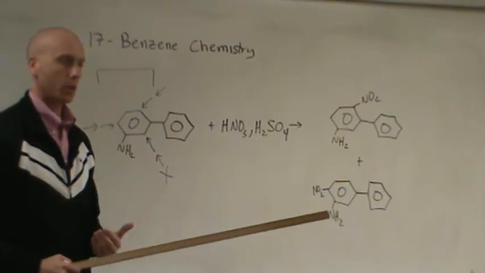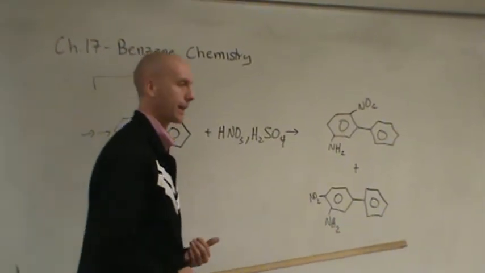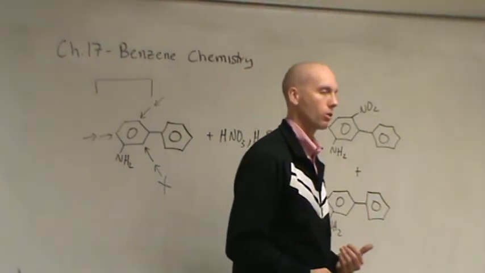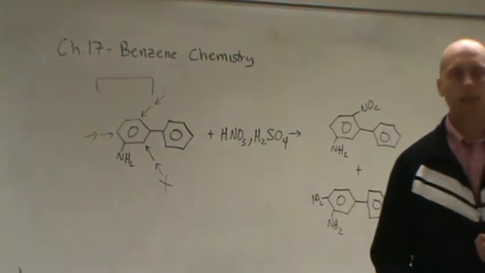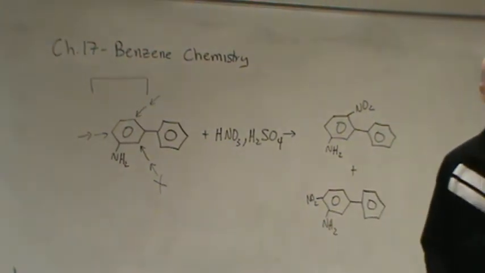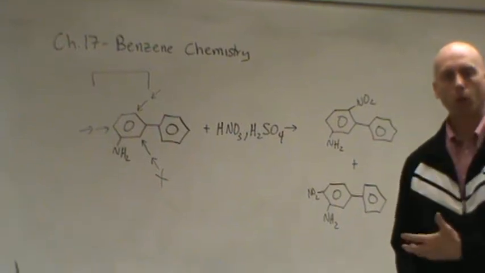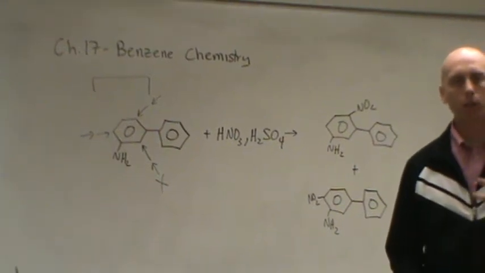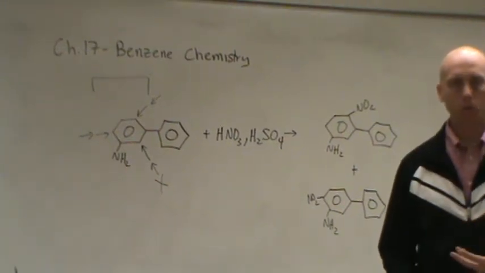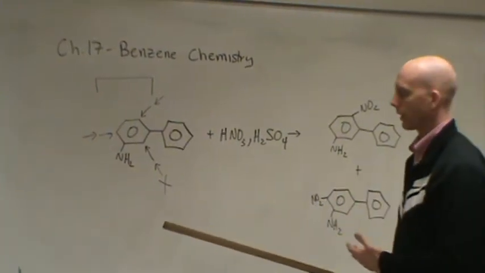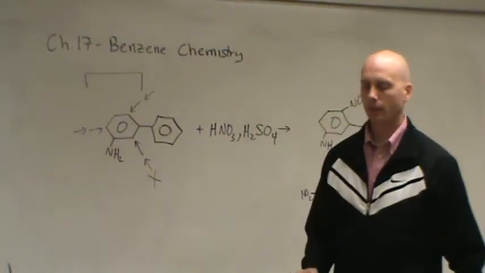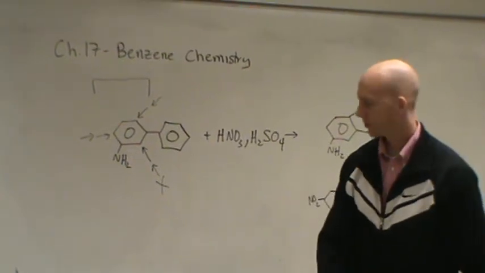So now what we're going to do is get back into the chapter and look at the second half of the chapter. The second half of the chapter is going to begin with looking at more reactions of how to put on more and more groups. Okay? So that's what we want to proceed to do, and then we'll come back to this stuff again a little bit later.